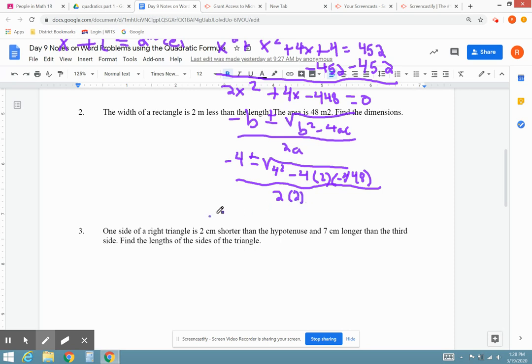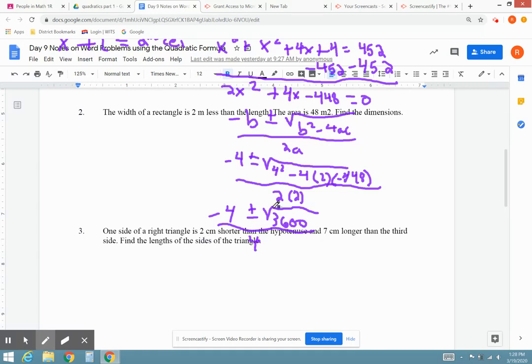Okay, so you do all that math in there. You get negative 4 plus or minus. 4 squared is going to give you 16. This is going to turn into a positive 3,584. For the sake of time, I am going to combine all of that to get 3,600 all over 4.